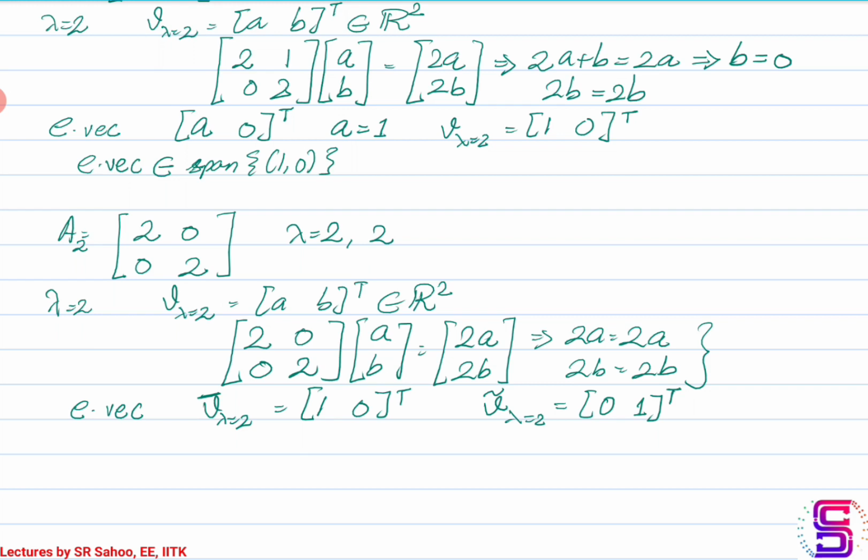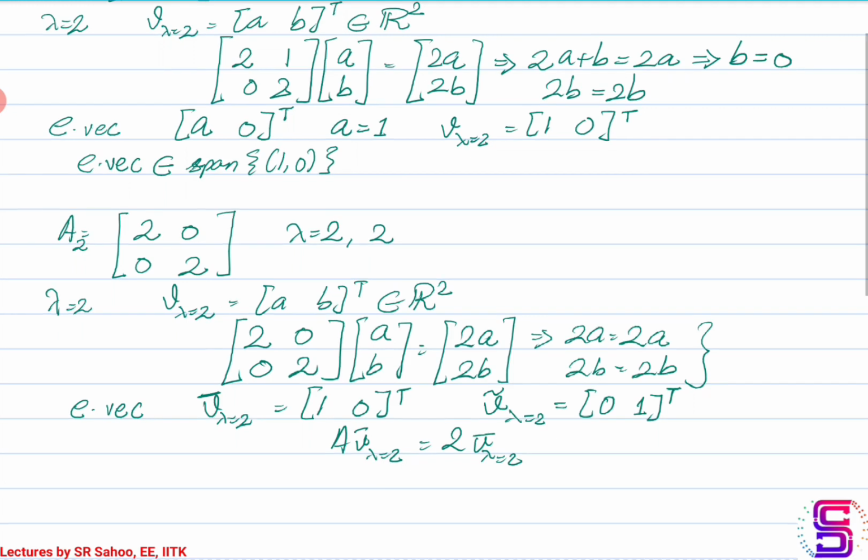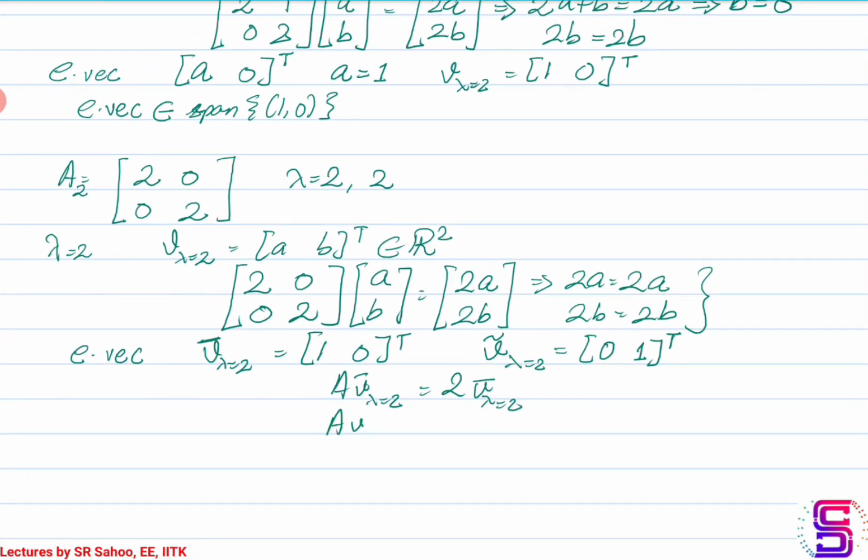Right. So there are two vectors that we get here which satisfy the relationship. We have a V bar equal to this, and we have a V tilde equal to this. Both the vectors are different and both correspond to the eigenvalue 2 in this case.